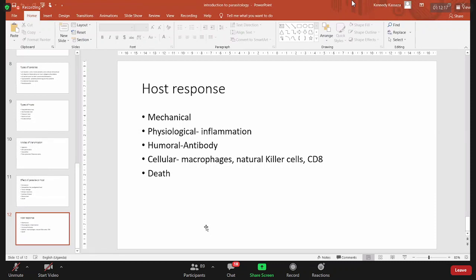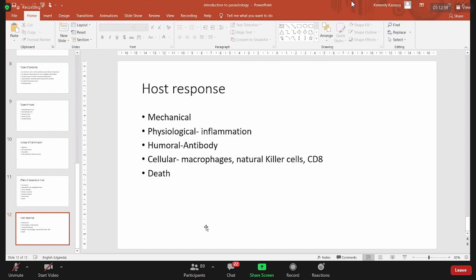Then, where the mosquito has bitten, usually there is swelling, and this is known as inflammation. And the defense cells of the innate immunity move into the area to remove the infecting organism. But we can also have the host developing humoral immunity or mounting antibodies against the parasite.